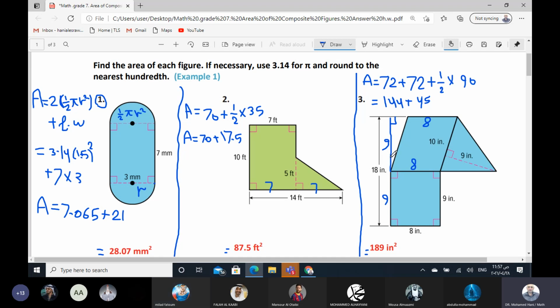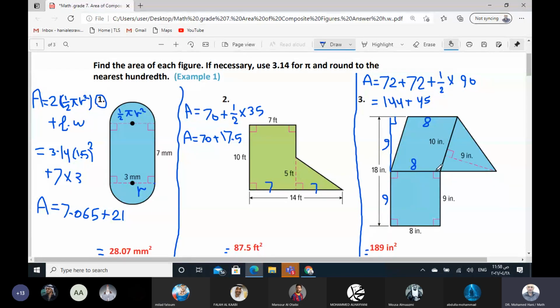Because here the height is 9 and the base is the side that the height is drawn to, the same side. So we have this side and this is the line perpendicular to this side. Why did you not put 10 times 8? 10 times 8 because 10 side and 8 side.